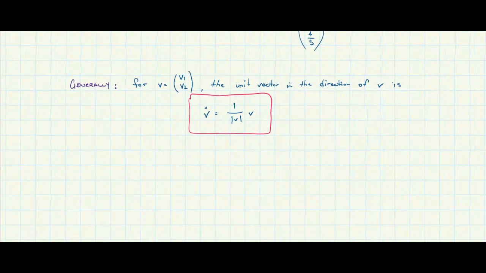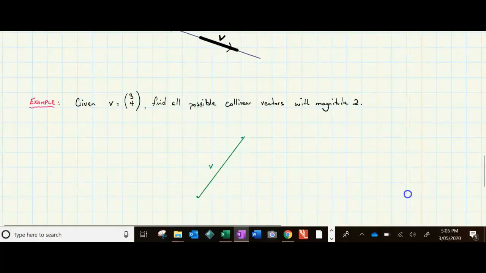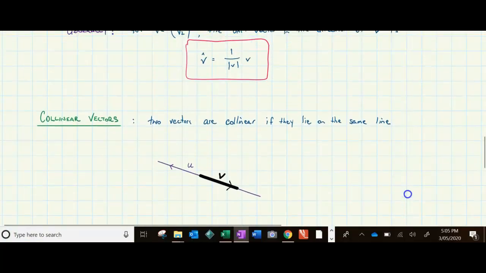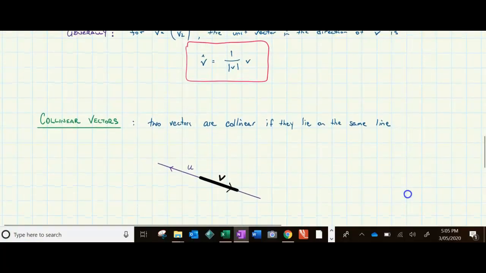Excellent. Let's have a look at another example. We're going to bring in this collinear concept now, and then I'm going to set you to work on exercise 11E. So collinear vectors. Let's just chat for a moment about those. You might have come across this collinear term before. It just means lying on the same line.